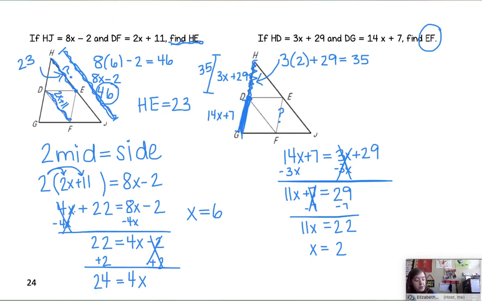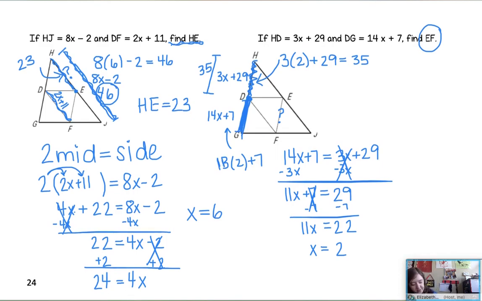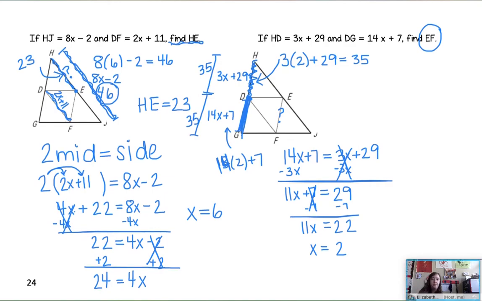Now we can also go through and plug in 2 down here. Oopsies, that's a 14 times 2, sorry. But if you take 14 times 2 and add 7 to it, you're going to end up with 35 again. Because remember, we said that these two pieces were going to be the same.